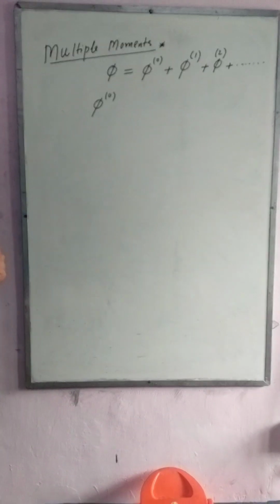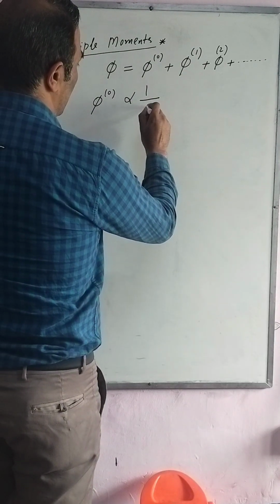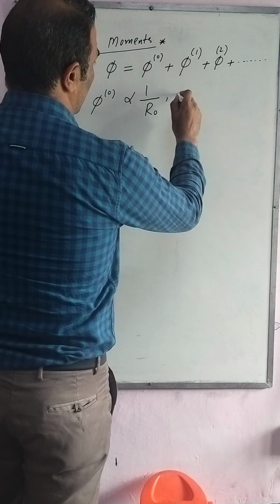And this first term, our monopole term, is proportional to 1 by r naught.